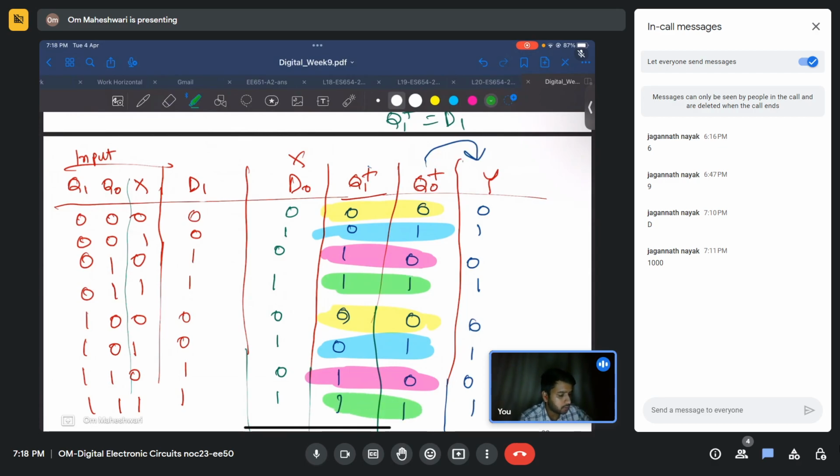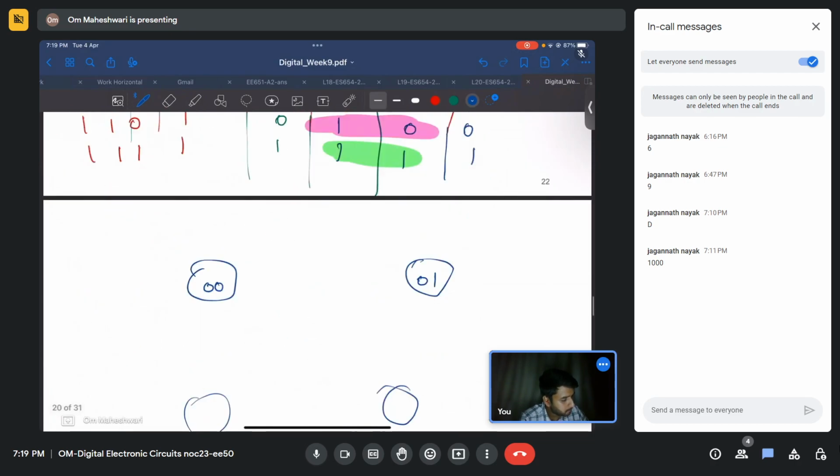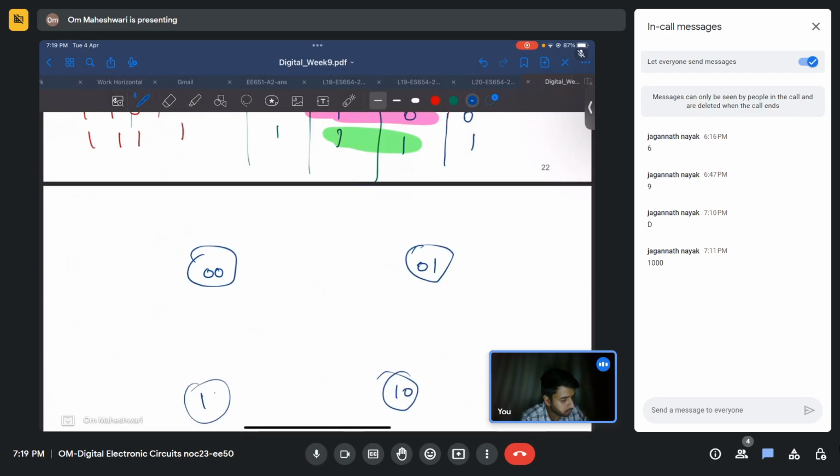So we have four states, right? So we have four states. 0 0, 0 1, 1 0, 1 1. Okay.